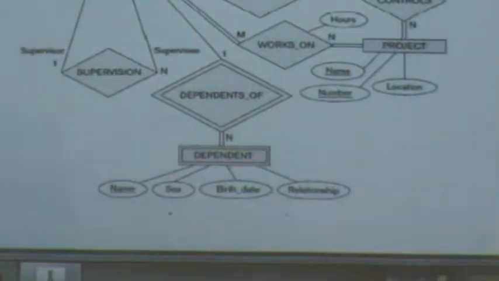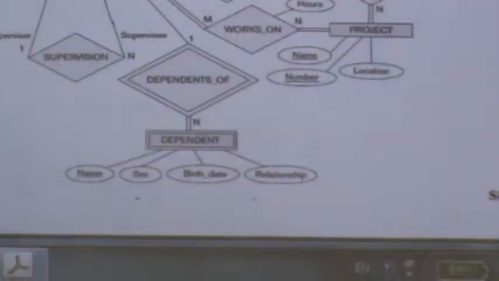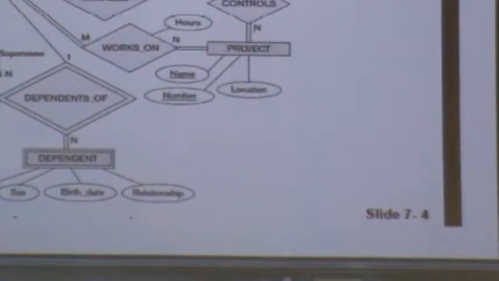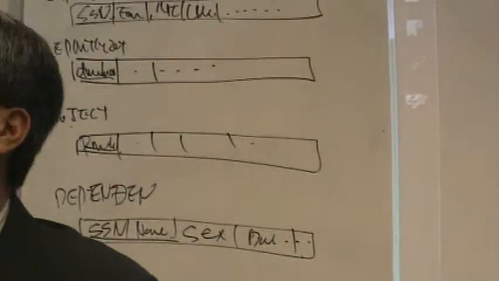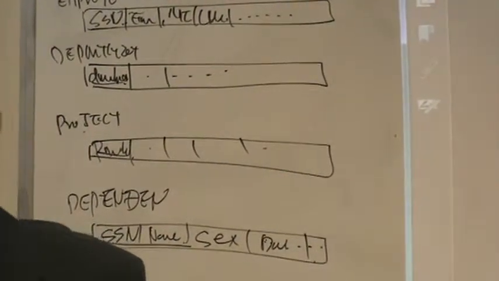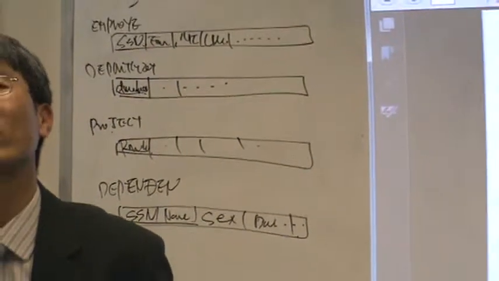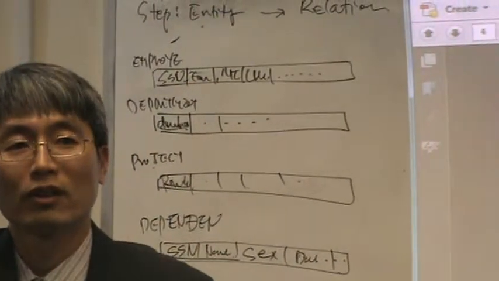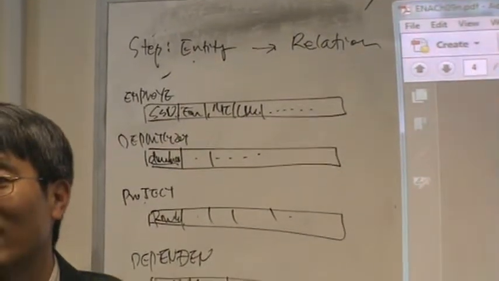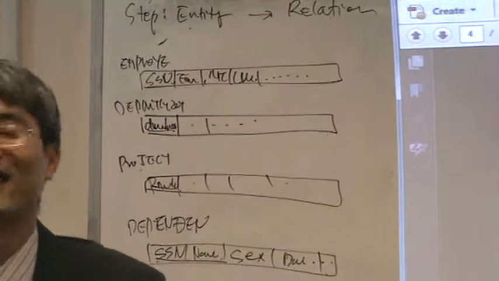The next step, step 3 through the step 5, is for relationship. How many different types of the relationship we have? 3. 1 to 1, 1 to many, many to many, as you have learned in the set theory in your elementary school or middle school, even high school.